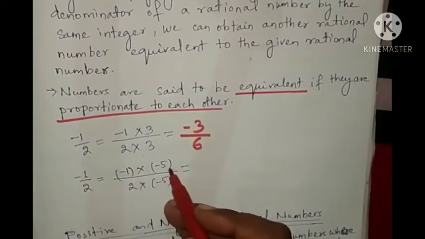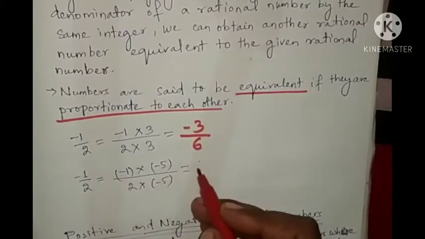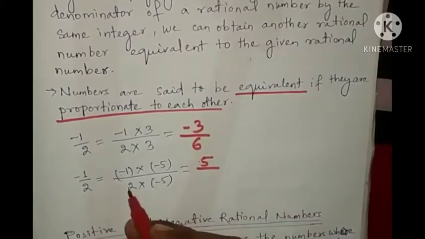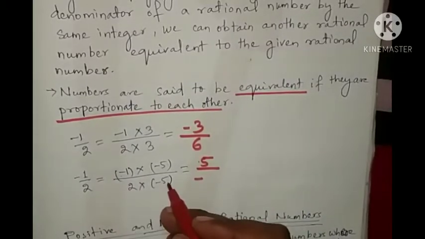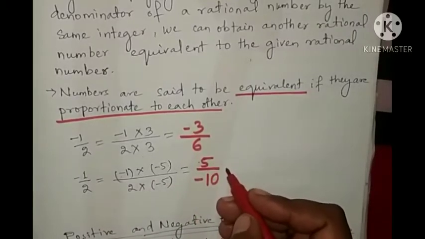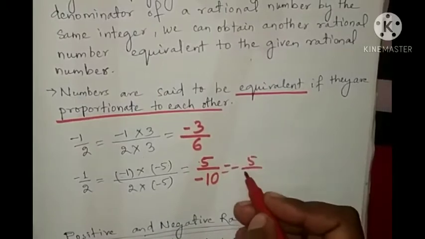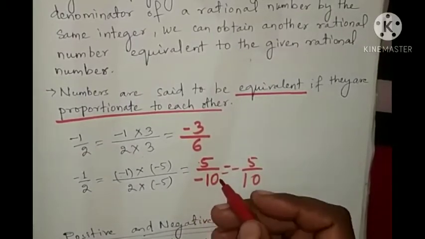So minus 1 into minus 5, minus into minus is plus, 1 into 5 equals 5. And 2 into minus 5 is minus 10. So 5 by minus 10. This one we can write as minus 5 by 10 also, or you can write 5 by minus 10.